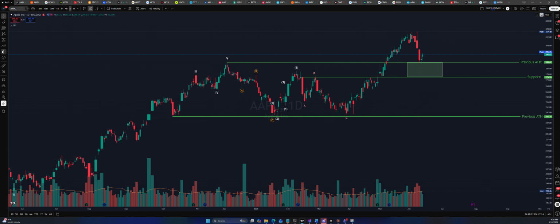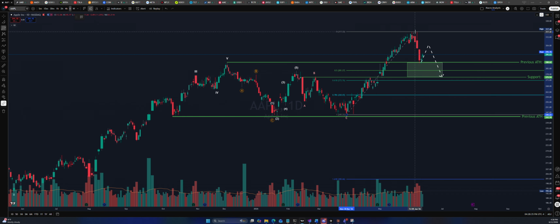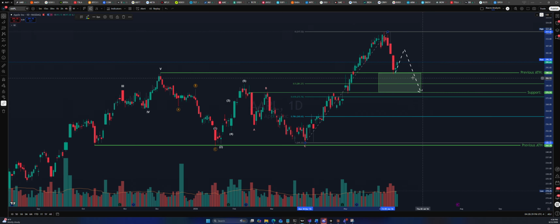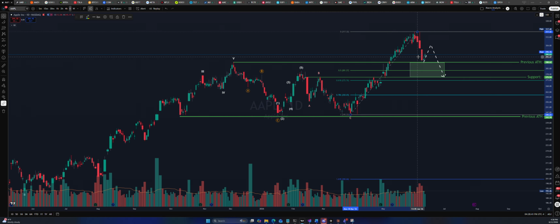Now, what I would have liked to see in Apple is this move right here. This is the move I would like to see in Apple, because you're going to be buying at a better discount between that 0.5 and a 0.618 retracement. On this retracement here for a wave 2, it's not a very good retracement, but you're at a good level.